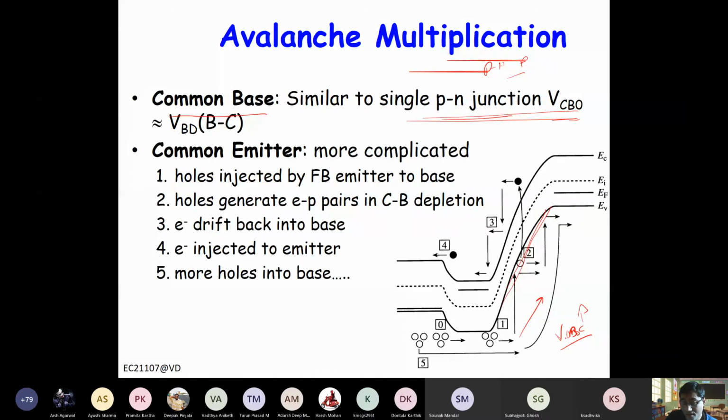So if you increase this reverse bias voltage, the multiplication factor will also increase. In case of common emitter, since we are already getting some amplification, you can recall IC is alpha by 1 minus alpha times IB.